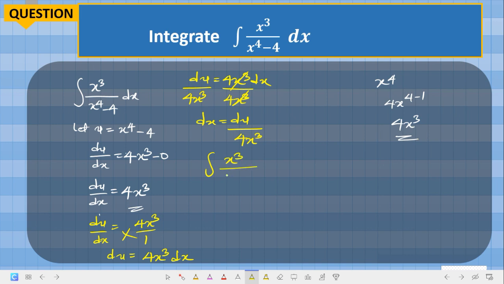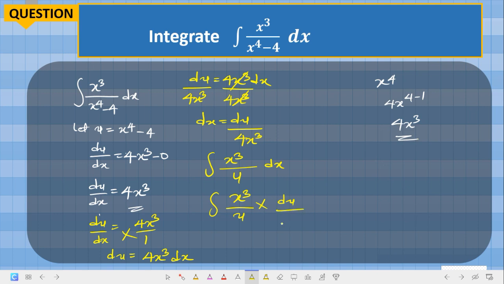So this s raised to the power of 3, then s raised to the power of 4 minus 4 ds. Now, knowing fully well that s raised to the power of 4 minus 4 is our u, here we can put u, and then our ds is what?